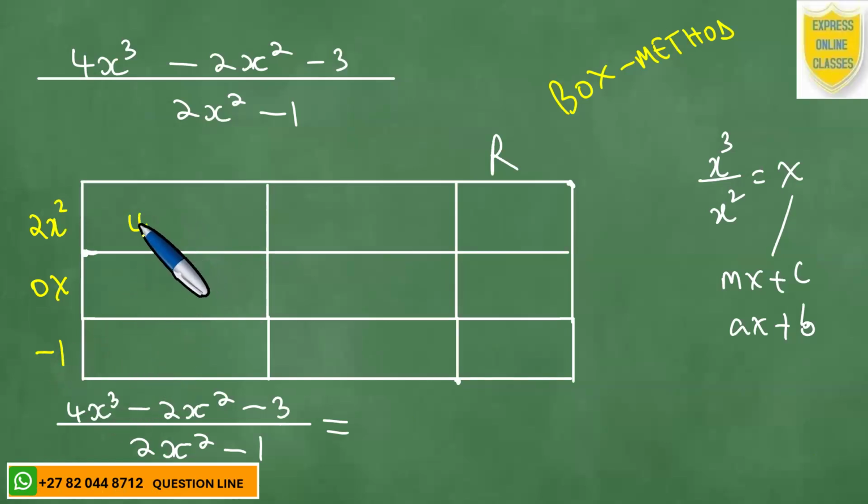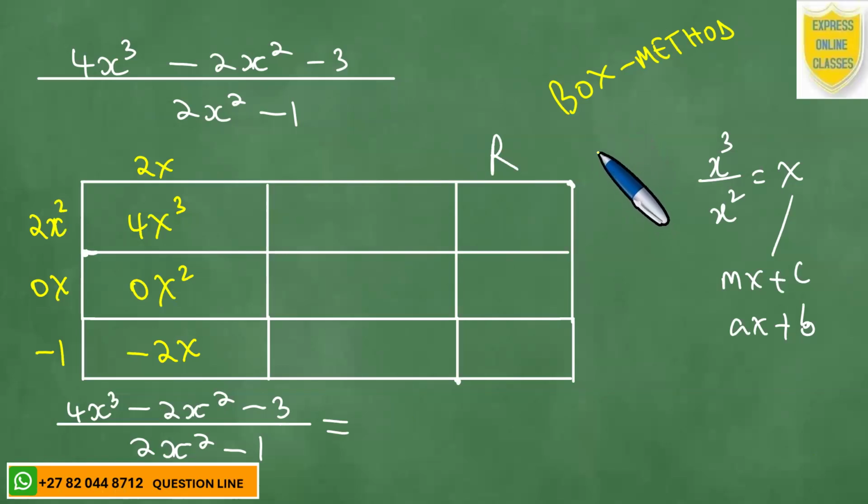Okay, so we're going to put here 4x cubed. You divide 4x cubed by 2x squared, you get exactly 2x. So if you multiply 2x squared by 2x, you get 4x cubed. 0x by 2x, you get exactly 0x squared. Minus 1 times 2x gives us exactly minus 2x. So at this point, we are analyzing our polynomial division by the box method.